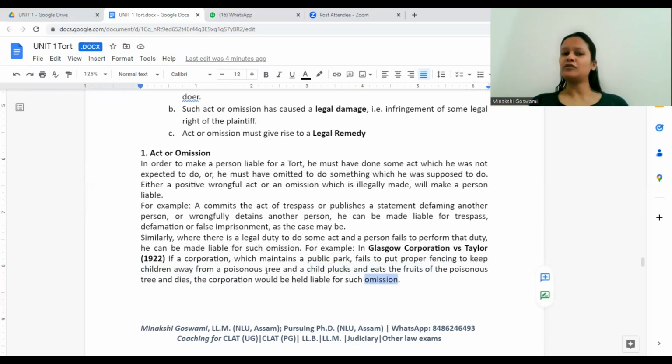They failed to do it. First of all, they kept one poisonous tree within the park, and second of all, they failed even to give proper fencing to keep children away. And as a result, a child died. So this is nothing but omission. Okay, that is the first essential which we need to prove.